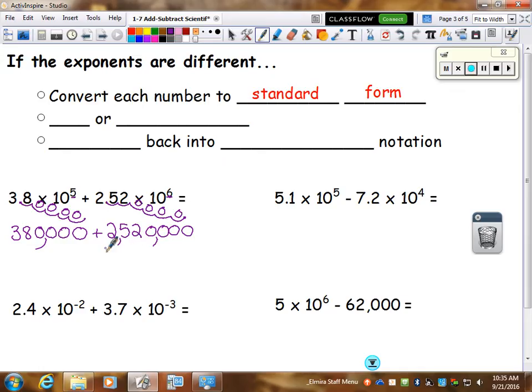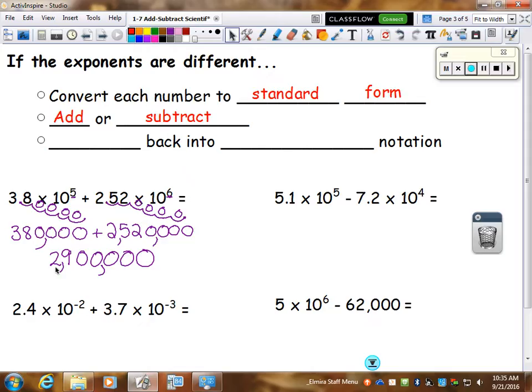Okay, then you would have to add those two things together on your calculator. And you would get 2,900,000. Okay, so I've converted to standard notation. Then I either add or subtract depending on what the problem said.